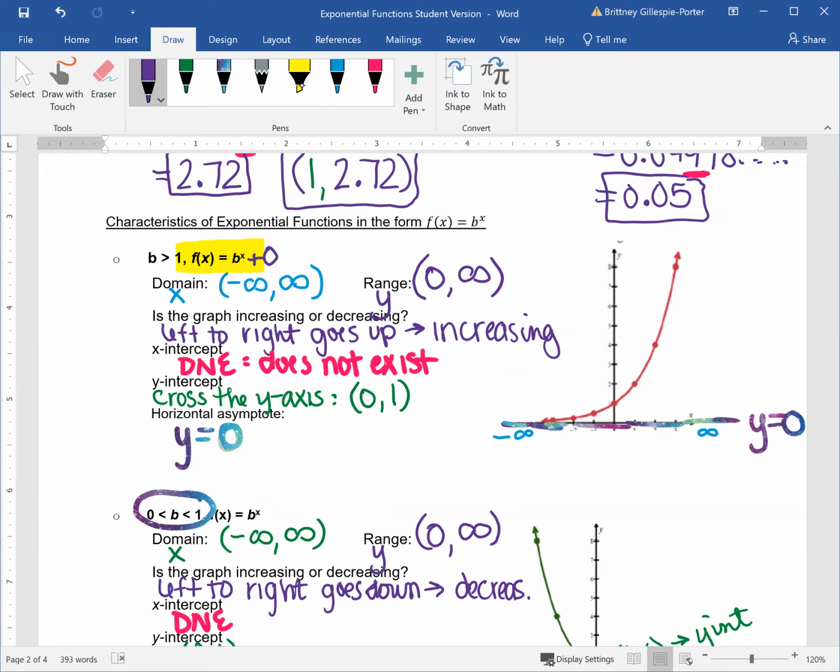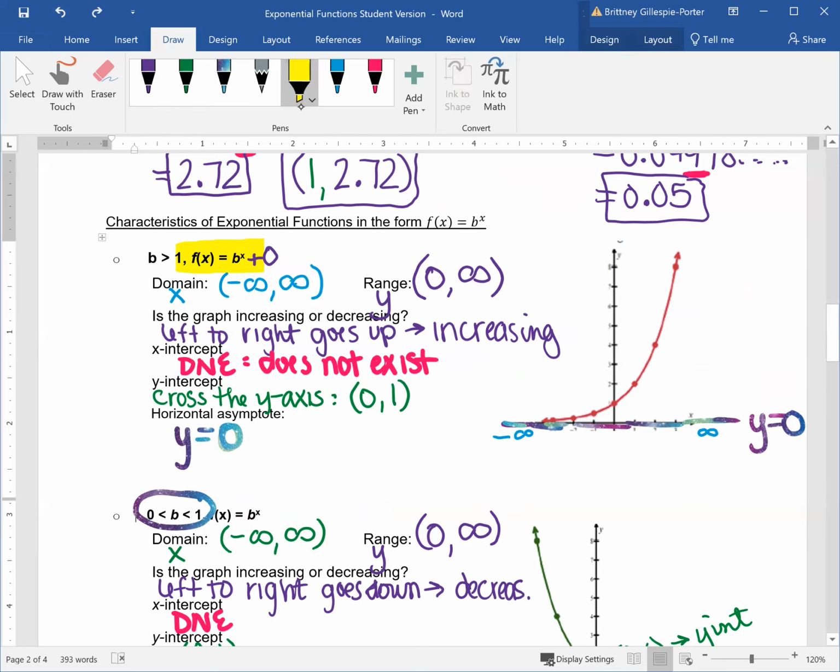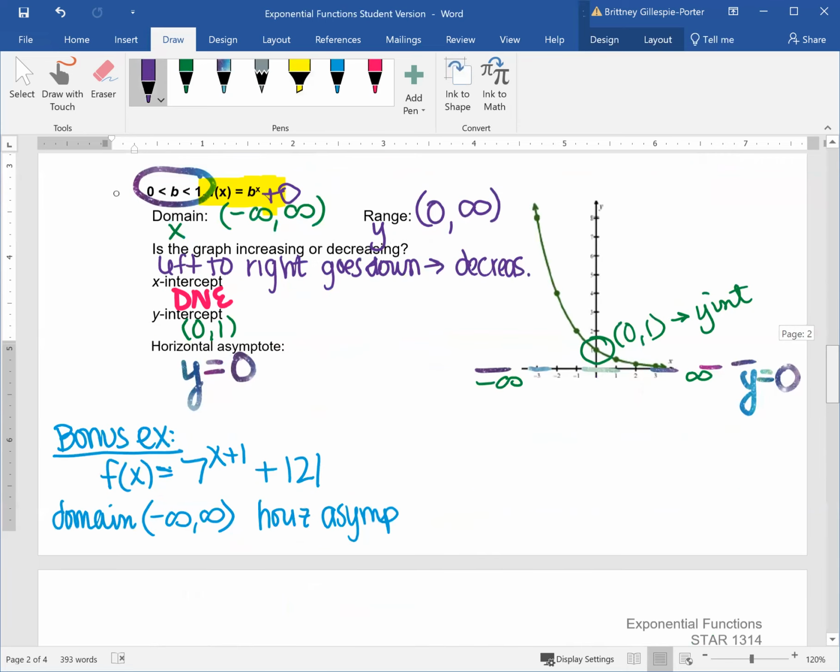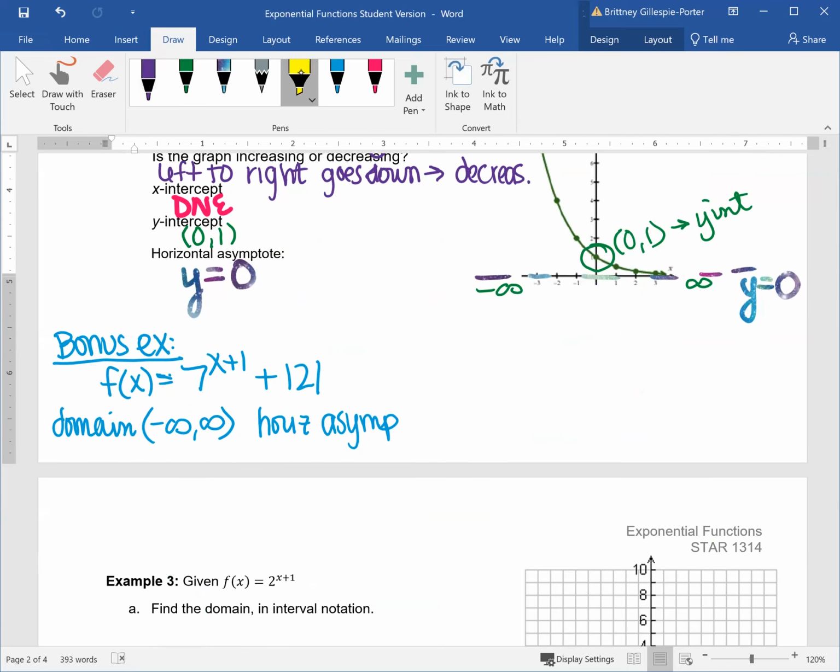It's automatically a plus 0 if we want to put something in. If I look at the second case, I still have b to the x, nothing after it, which means I could put in a plus 0. Whatever we add or subtract at the end is going to be our horizontal asymptote. So here in this problem, we're adding 121, which means that my horizontal asymptote is going to be y equal to 121. It's always in the form y equal to.